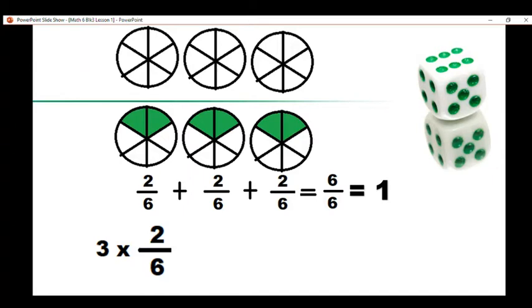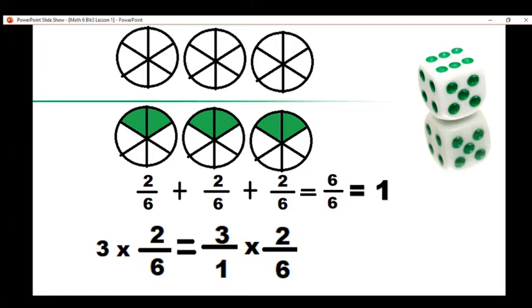When you are multiplying a whole number by a proper fraction, always remember that the whole number needs to be transformed into a fraction, and the denominator is always, okay, very good, it's 1. So we'll have 3 over 1 times 2/6.